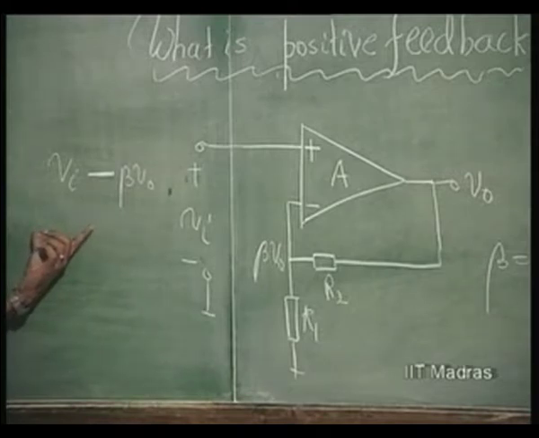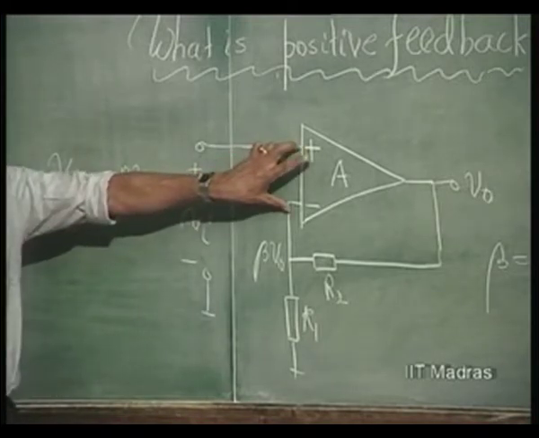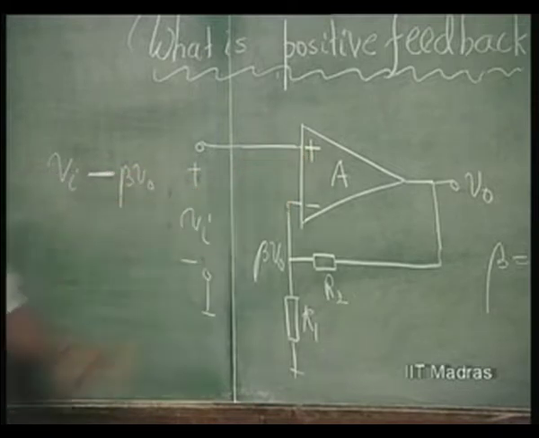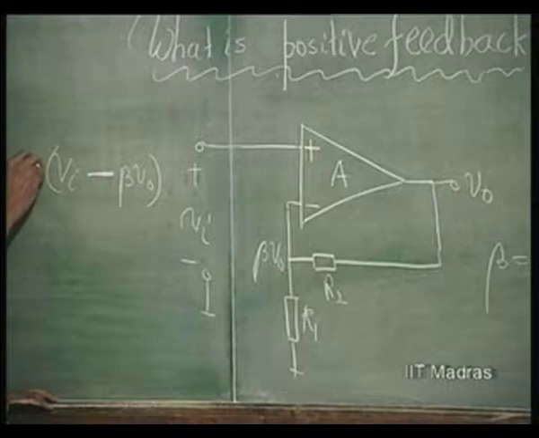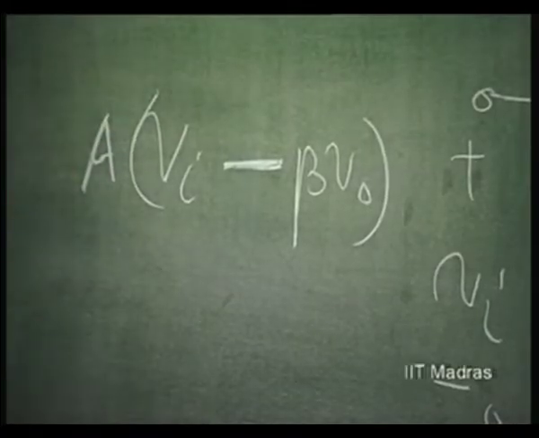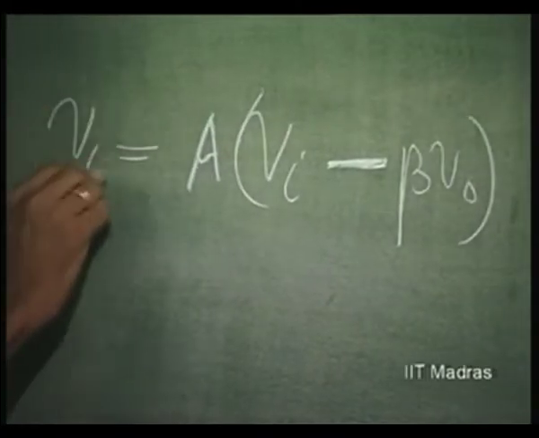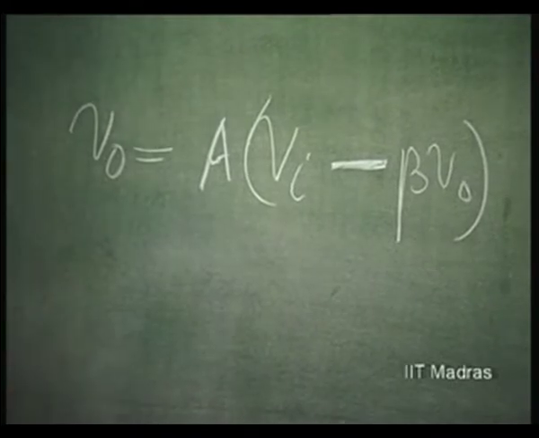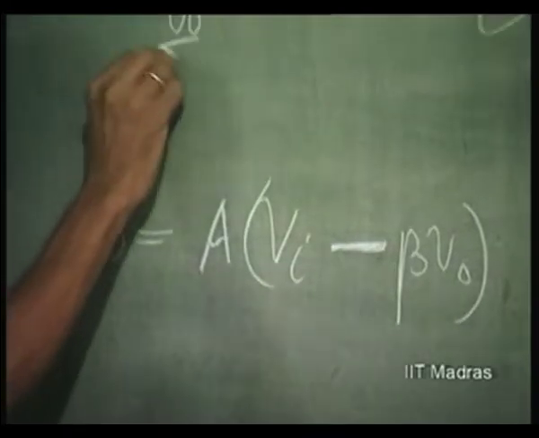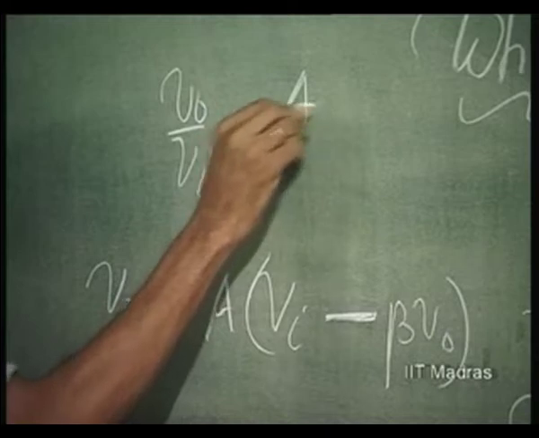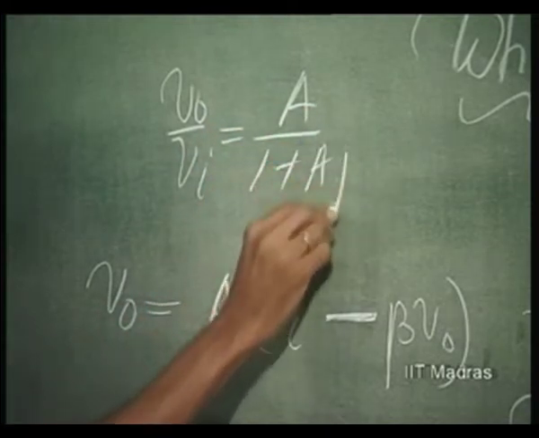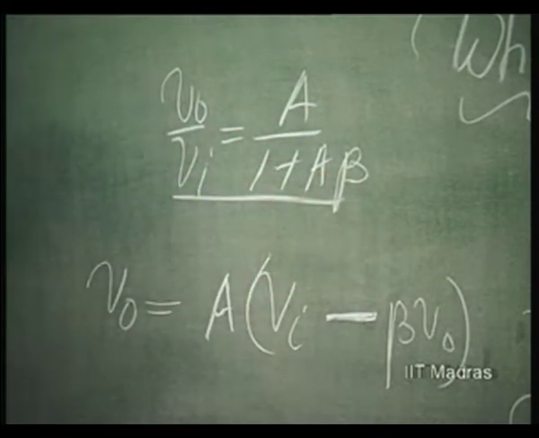The feedback voltage is opposing the input, and that is the resultant voltage that is applied to the amplifier. So, Vi minus beta V naught, that times A is equal to V naught, and from this we have V naught over Vi as A by 1 plus A beta. This we had discussed earlier.